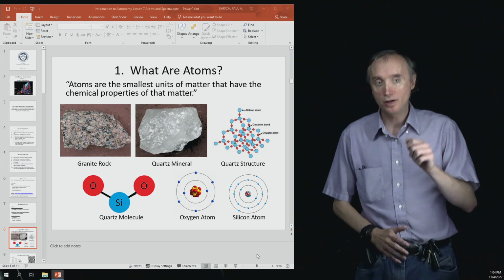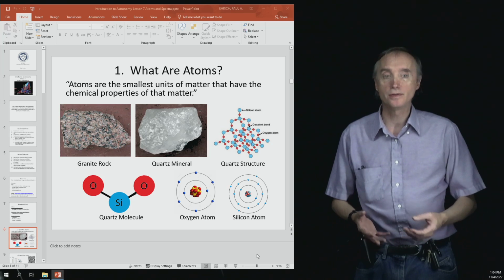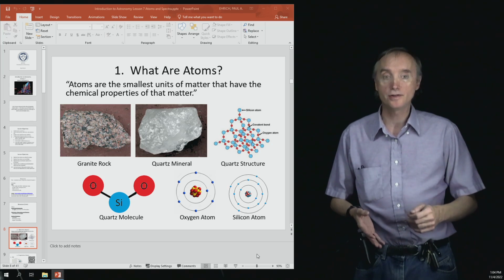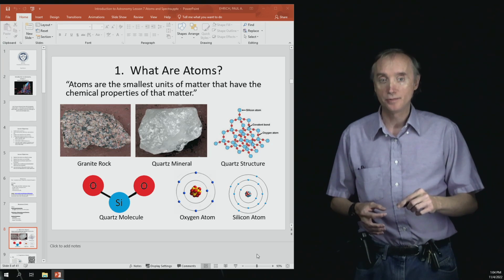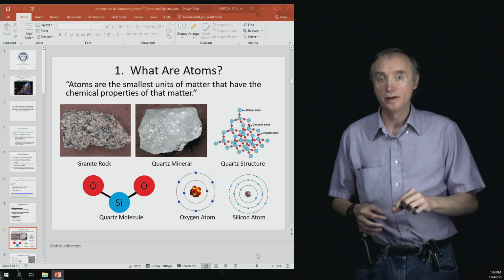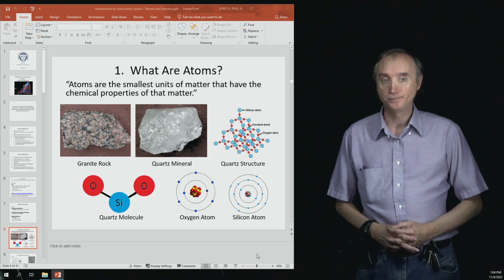When you keep hitting that with the hammer, you always end up with something that's silver and easy to cut. But by the time you get down to an atom, it's going to be the last piece of that silicon that still has all the chemical properties of silicon.